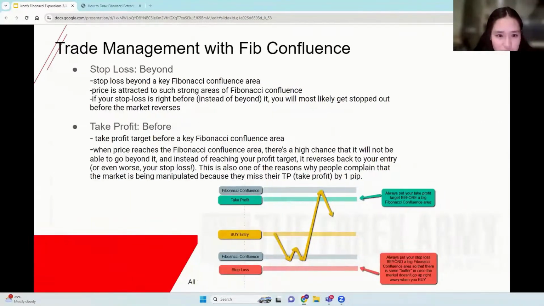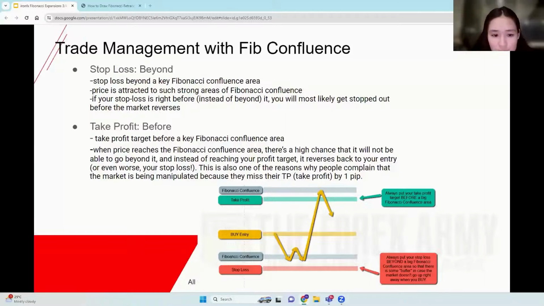Briefly talked about this just now when we were talking about the Forex Army website because this chart is taken from there. But basically, this trade management technique helps you to make sure that you catch any reversals before it happens.